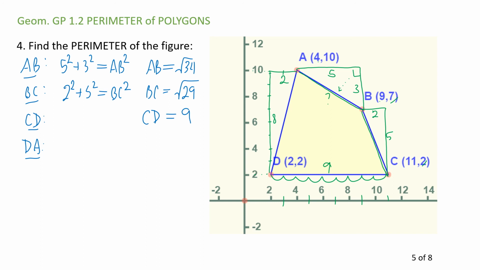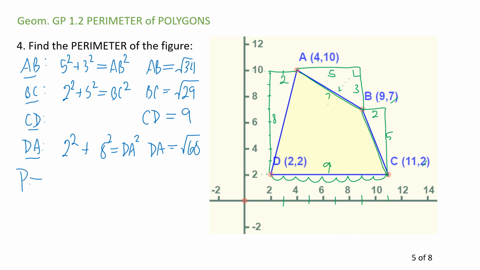AD is 2 squared plus 8 squared is equal to DA squared. DA is equal to the square root of 68.